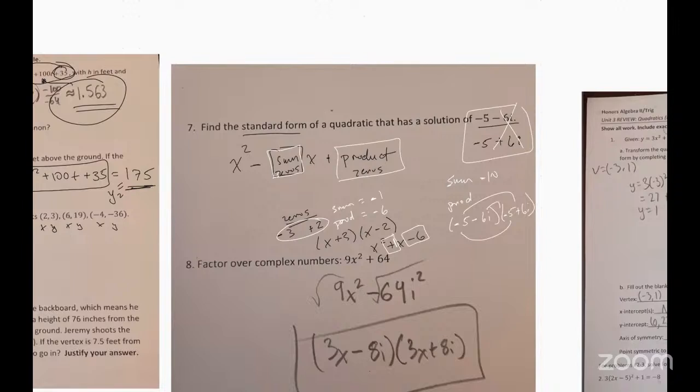And remember what i squared is? It's -1. So this is really 36 plus 25, which is 61. So the answer to this question is x squared minus the sum, and the sum is -10, so plus 10x, plus the product, plus 61. That's your answer.